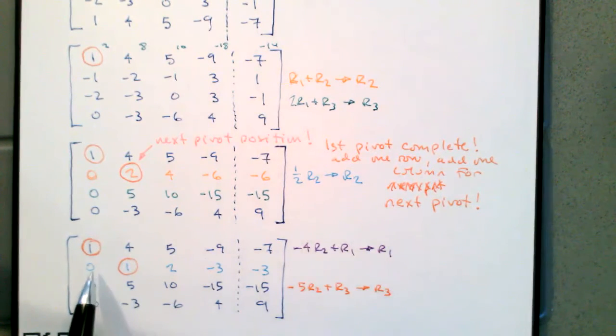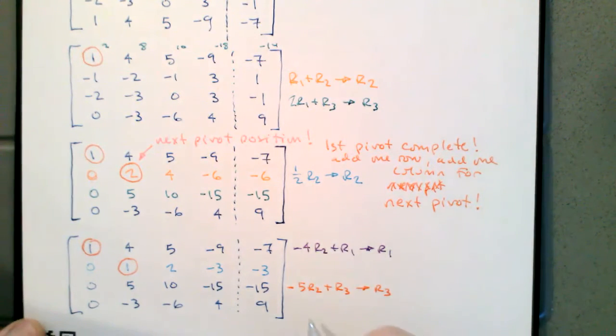Once again, the first column is not going to change. This is going to stay 1 with all these zeros. And then the other thing I need to do is 3 times row 2 plus row 3 is my new row 3.